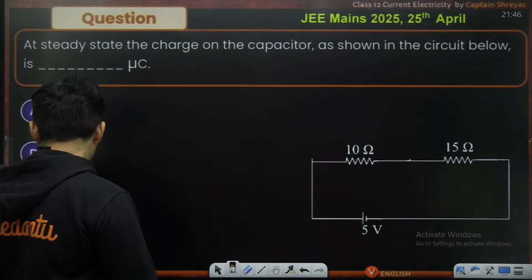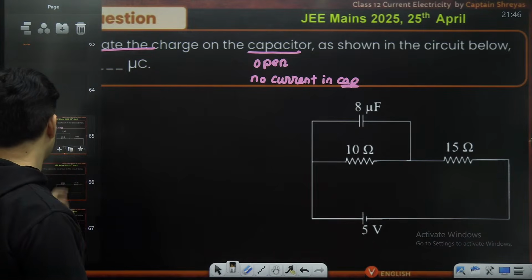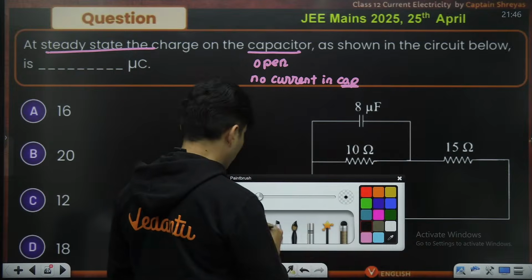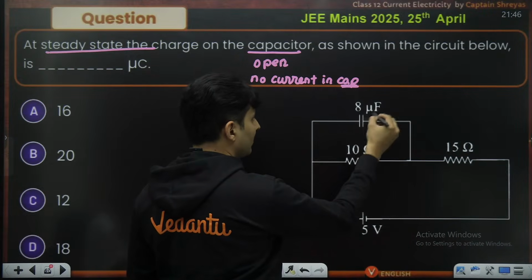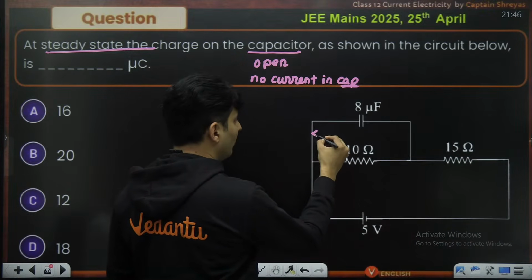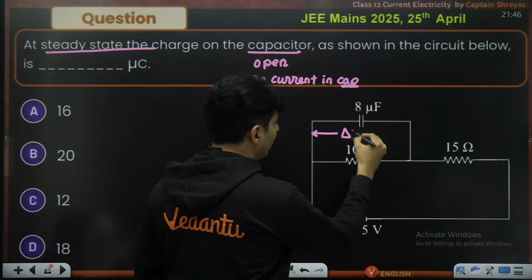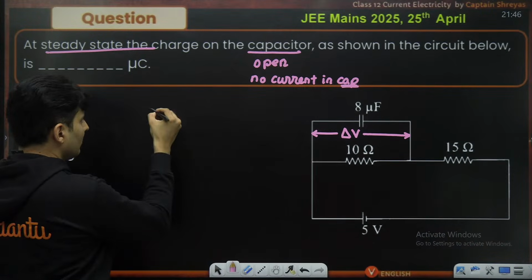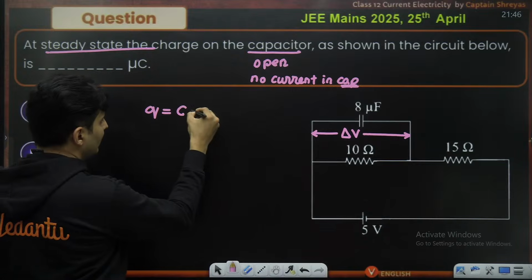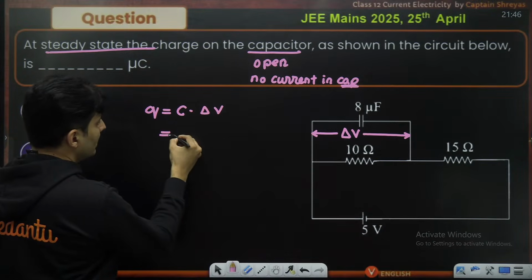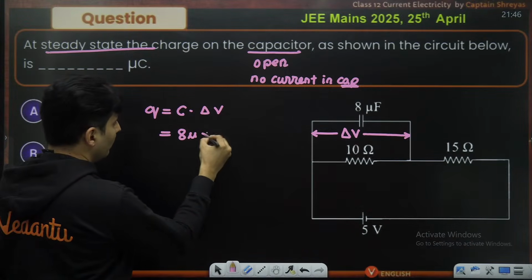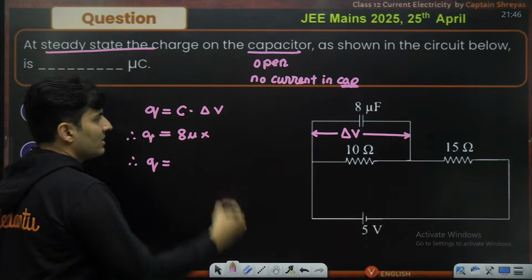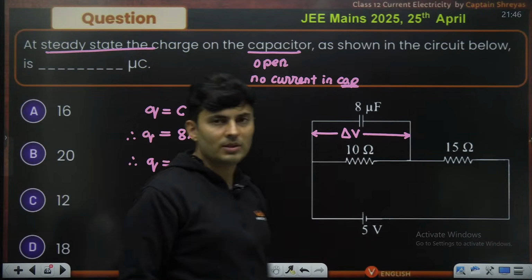Now, if you wanted how much charge is stored on that capacitor, if I somehow figure out how much voltage drop is there over here, I can figure out that charge, because that charge will be capacitance multiplied by voltage drop. Capacitance is 8 micro, voltage drop I do not know. So somehow if I know the voltage drop, my job is done.